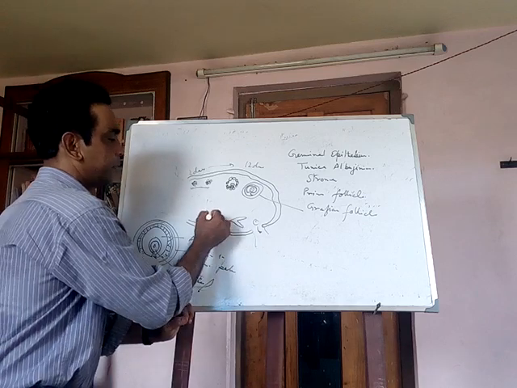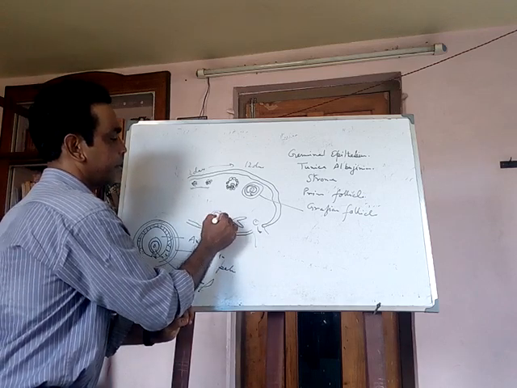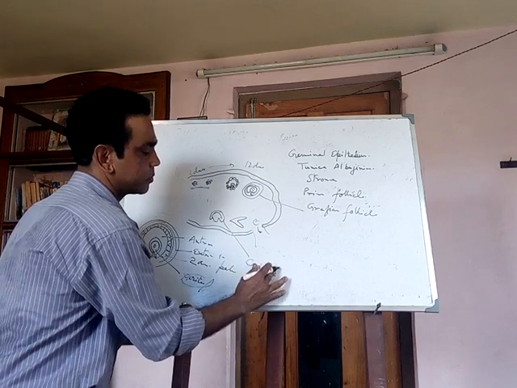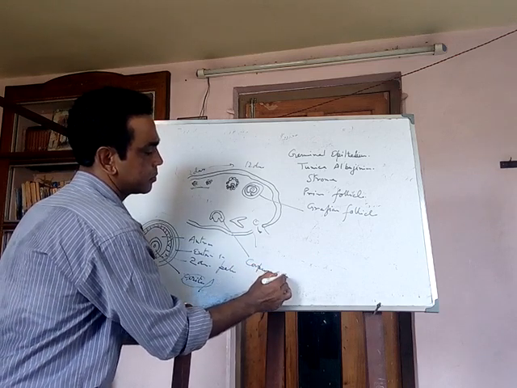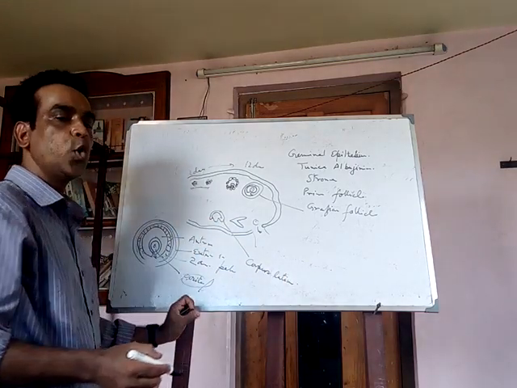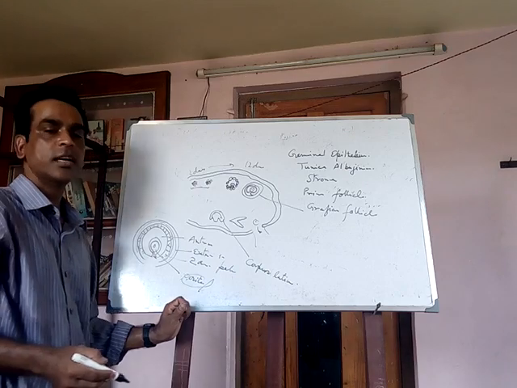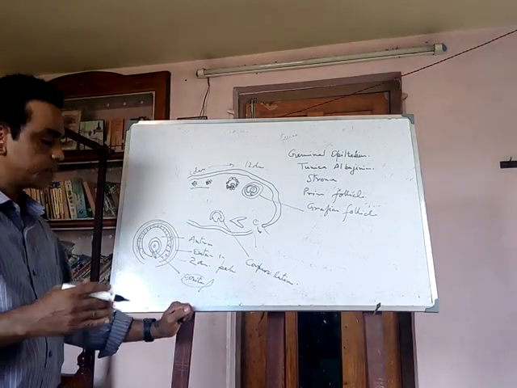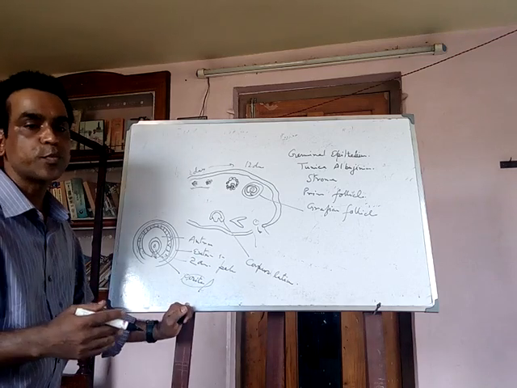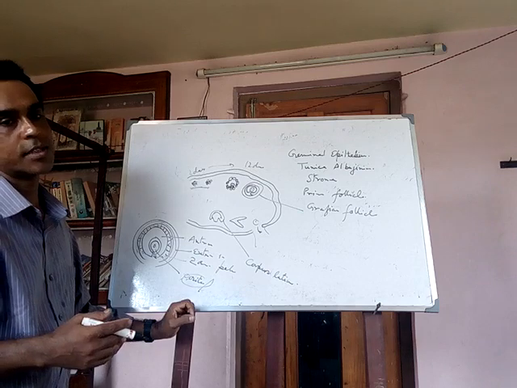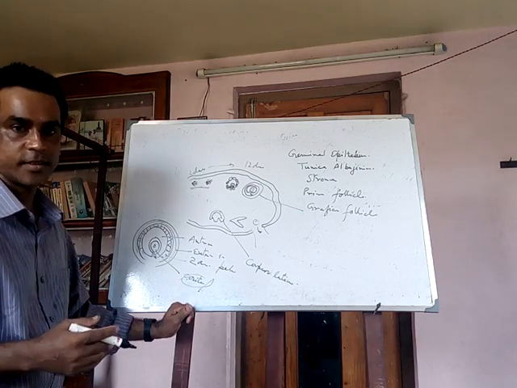It produces the corpus luteum, which is made of a yellow protein structure called lutein, and it also functions to produce the hormone progesterone, the main female sexual hormone of the body.